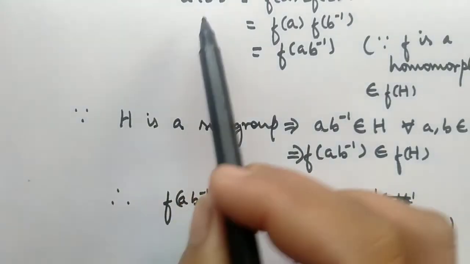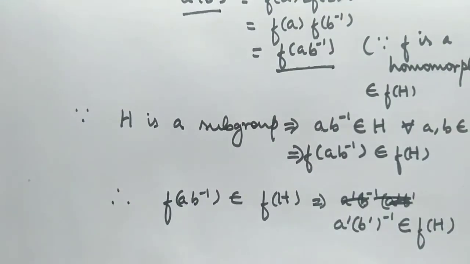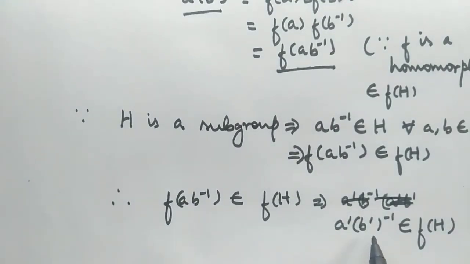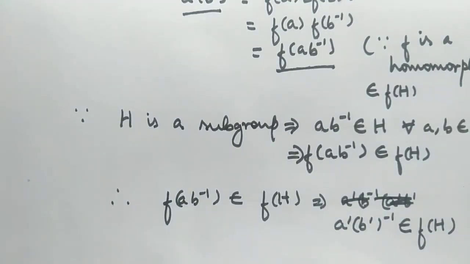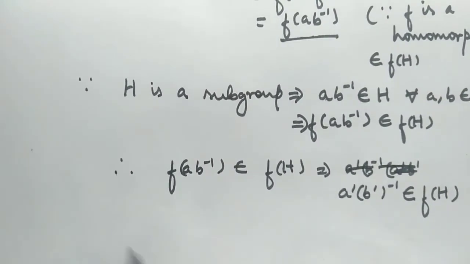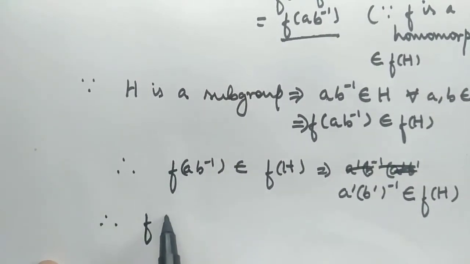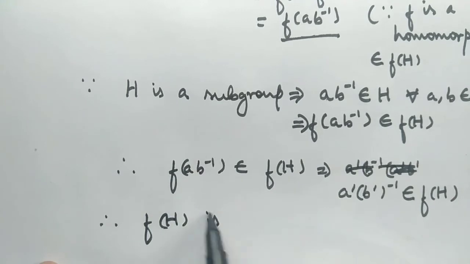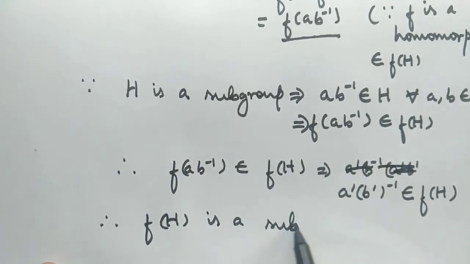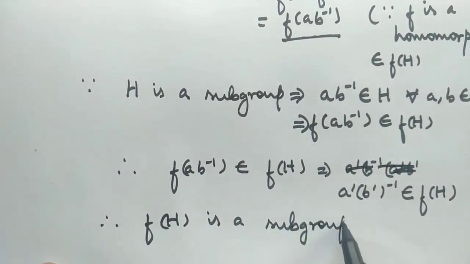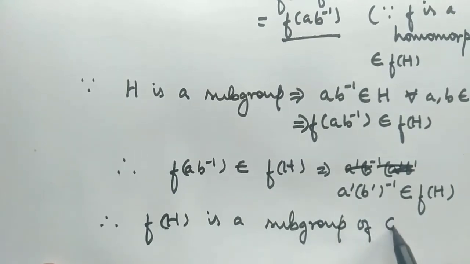Okay, since this is equal to this, then we say that a prime b prime inverse belongs to f(H). Hence, this f(H) is a subgroup of G prime.